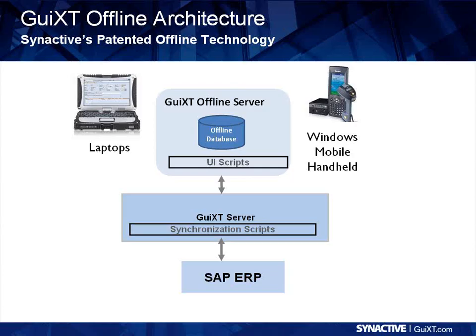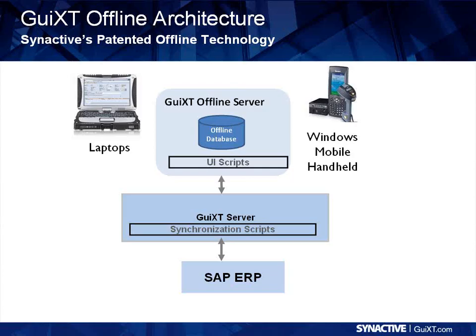This is the component that contains the GuiXT scripts and all the business logic for each offline transaction. The GuiXT server provides a centralized mechanism to deploy GuiXT and send updates without having to manage client systems. All the script files are housed in a central repository, and the server also serves as a SAP router.